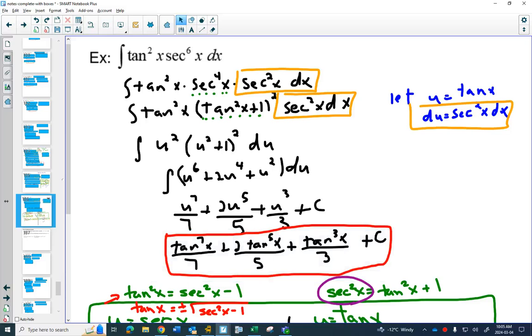And substituting back, no problem. So we're using our technique of substitution, but then we also have to use our identities to make things work.